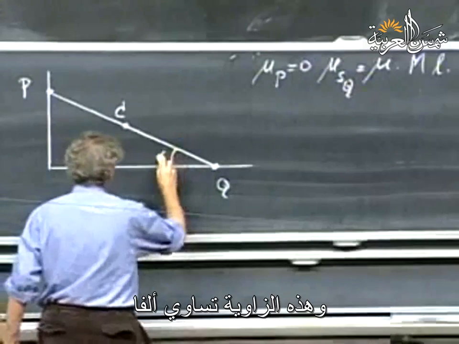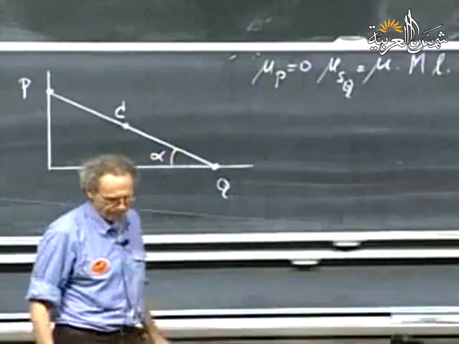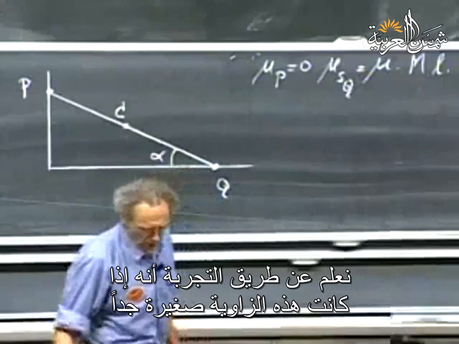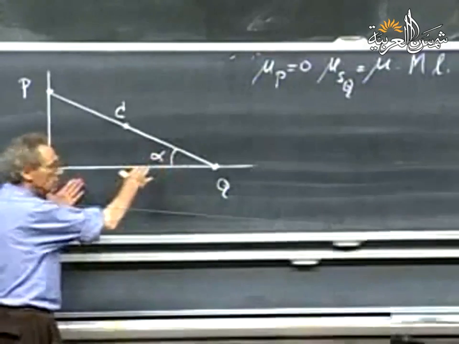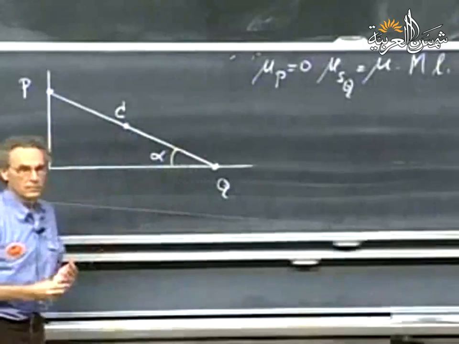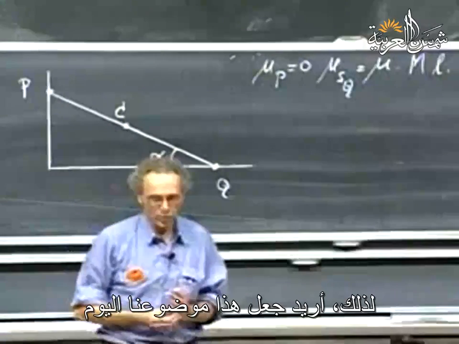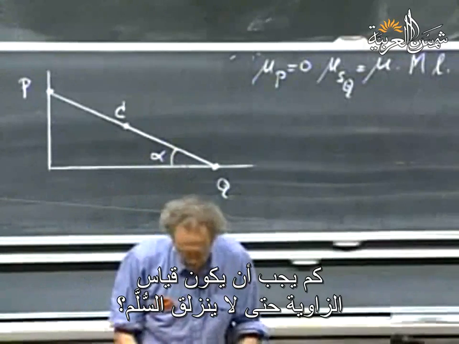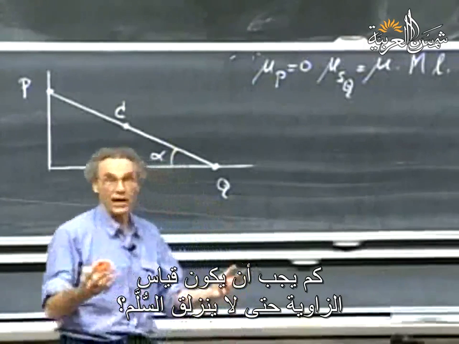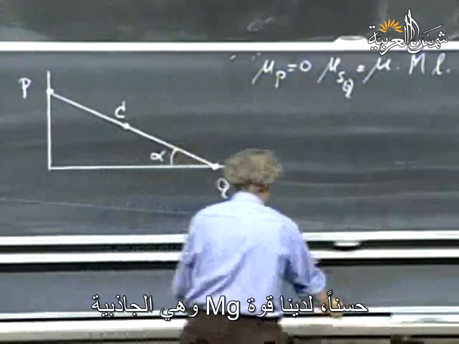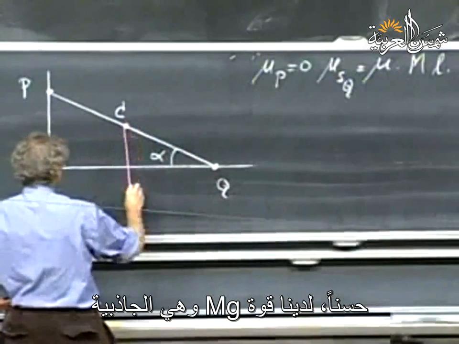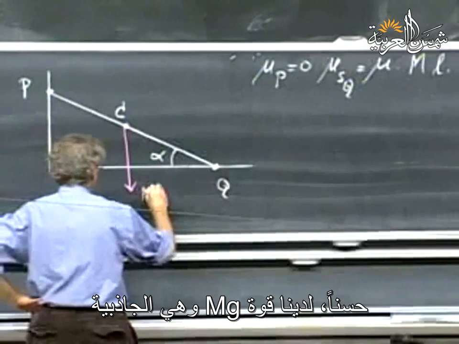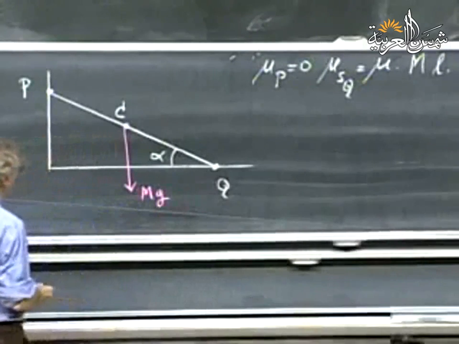And this angle equals alpha. We know from experience that if this angle is too small, the ladder will slide. And so I want to make the topic today, what should that angle be so that it does not slide? Well, we have here a force, mg. That's gravity.